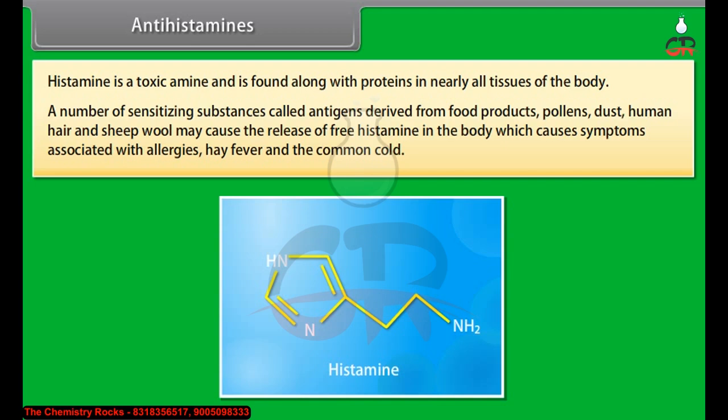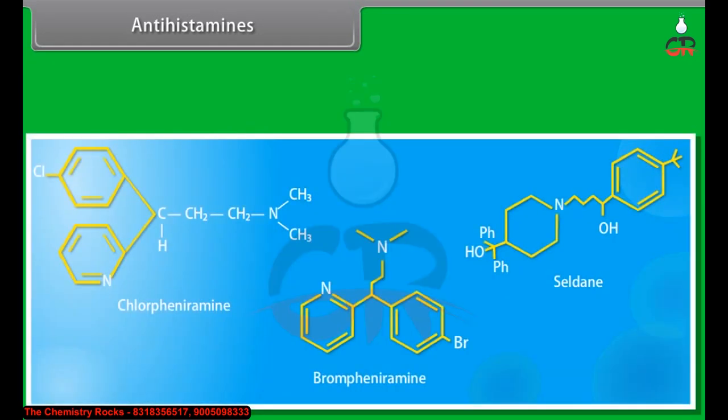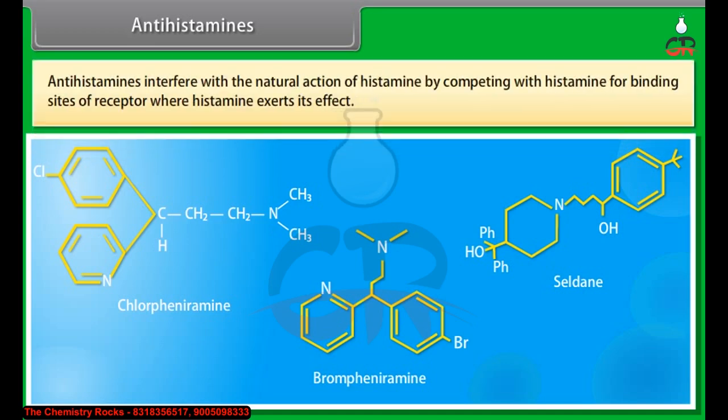An antihistamine relieves these symptoms by blocking the action of histamine. For example, chlorpheniramine, brompheniramine, and Seldane. Antihistamines interfere with the natural action of histamine by competing with histamine for binding sites of receptor where histamine exerts its effect.